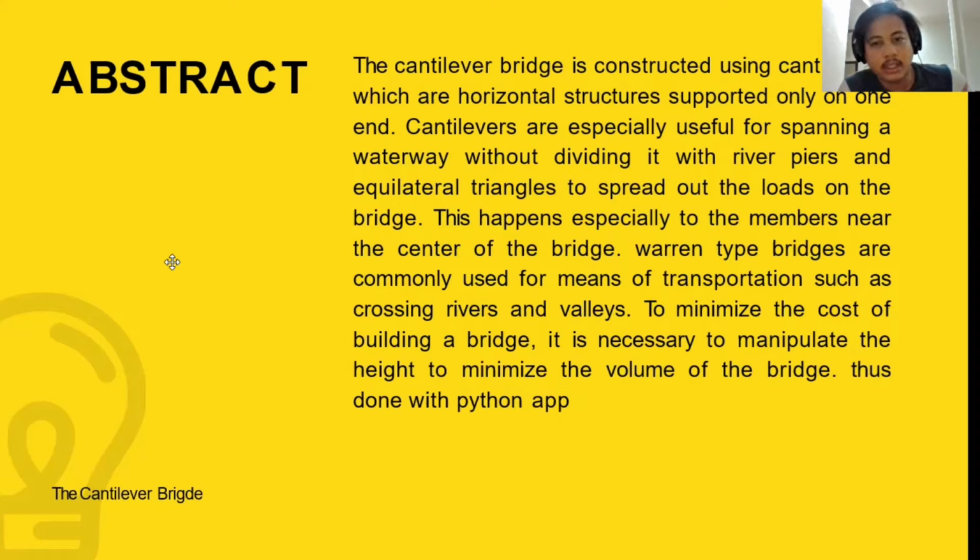This happens especially to the members near the center of the bridge. Warren-type bridges are commonly used for means of transportation such as crossing rivers and valleys. To minimize the cost of building a bridge, it is necessary to manipulate height to minimize the volume of the bridge, thus done with the Python app.